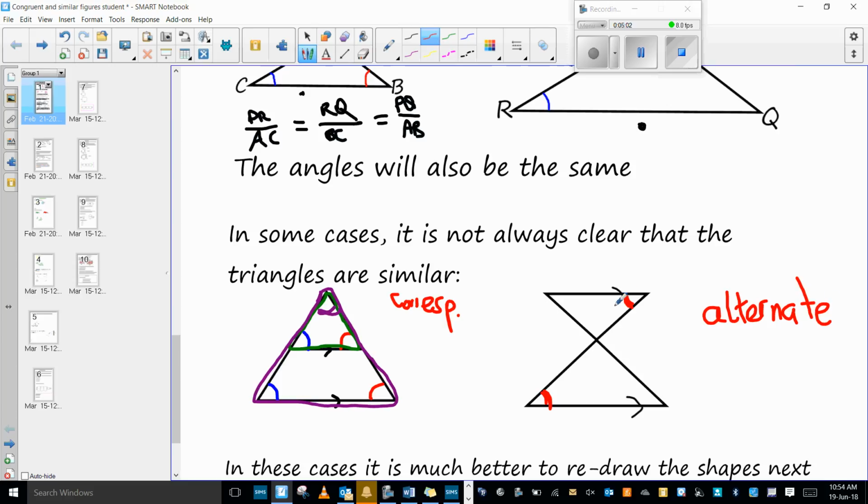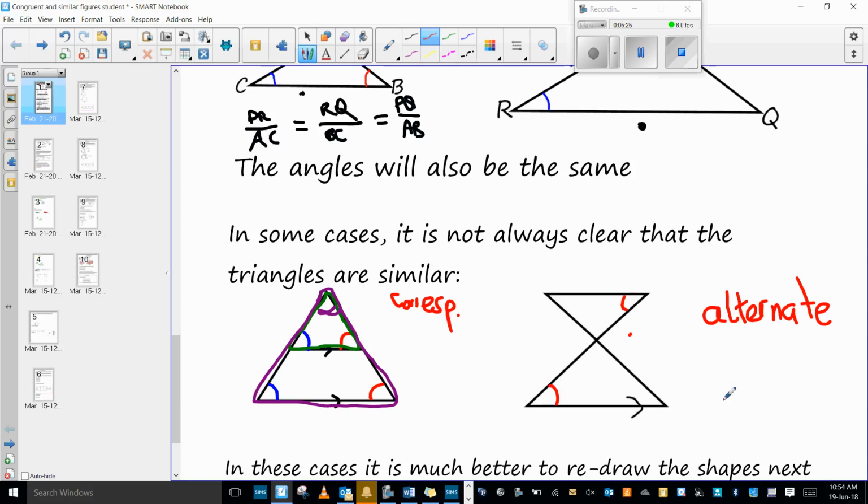Now, I don't know how you want to remember it, but if these lines are parallel, you see it kind of makes a Z. So I think A to Z, like the alphabet is A to Z. So alternate, but that's just me. I'm a bit special that way. So they are alternate angles. These ones here would be equal because they're alternate.